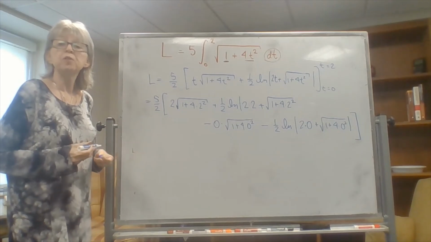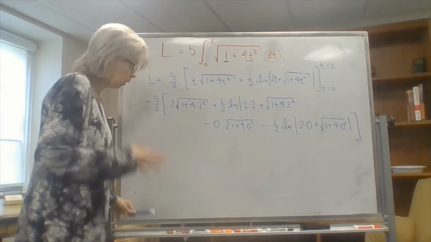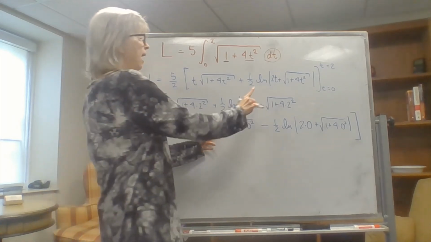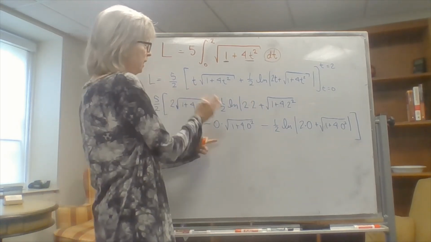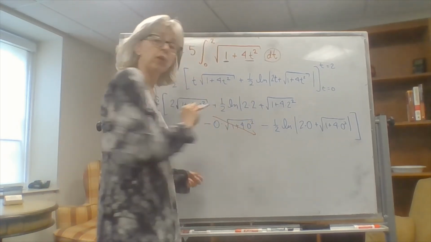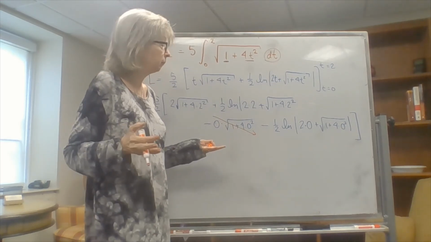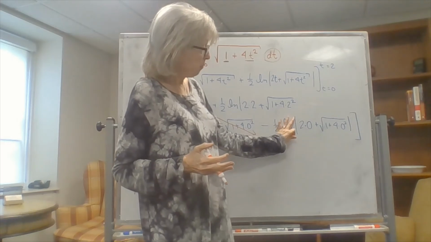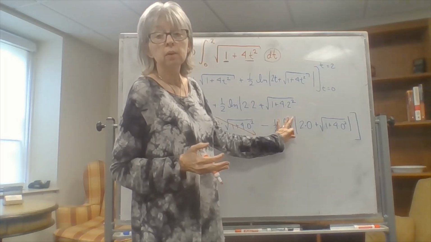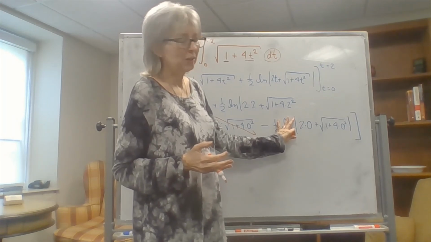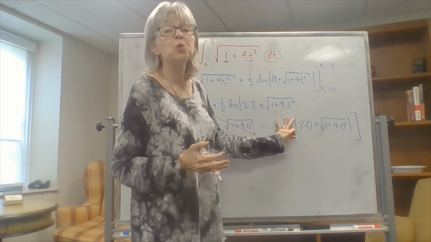Now there's a couple of these that are going to be nice. When I subtracted what I get when I plug in the bottom, I have a 0 for t, so that term is gone because it's just 0 and I don't have to worry about it. 2 times 0 is 0. 0 squared is 0. 4 times 0 is 0. 1 plus 0 is 1.